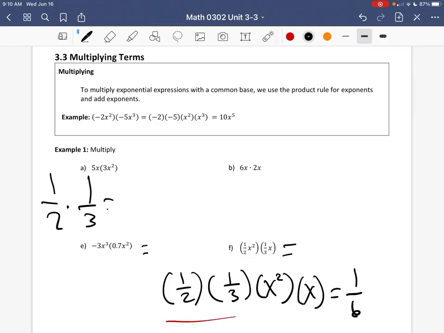1/2 times 1/3. Okay, so when you're multiplying fractions, what you want to do, multiply the terms in the numerator, so 1 times 1, and then this is going to be over 2 times 3. Look for any cancellations or cross cancellations, so to speak. We don't have any of those available.